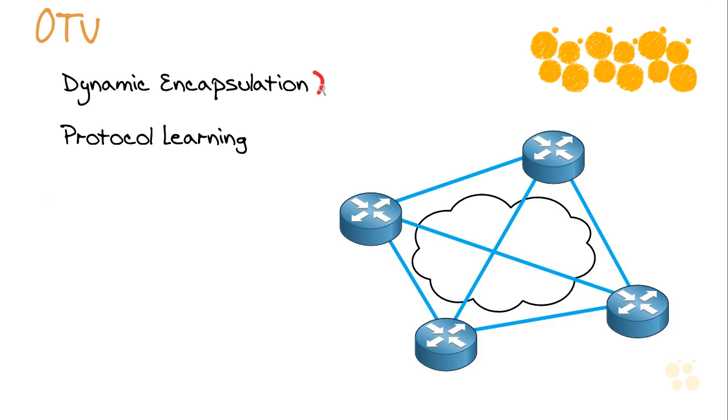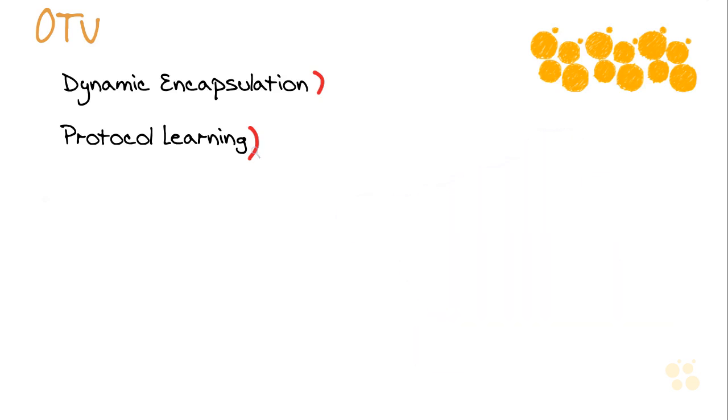Then there's the concept of protocol learning. Overlay transport virtualization is going to use MAC address routing based on the ISIS protocol to dynamically learn which MAC addresses are available in each of our layer 2 connected sites.